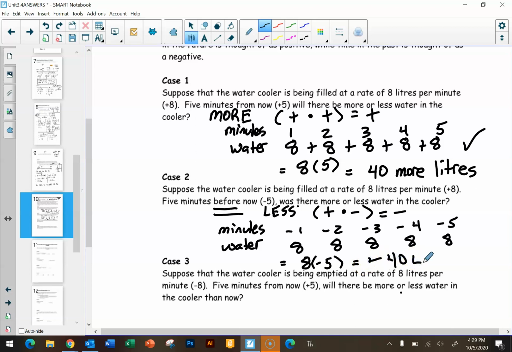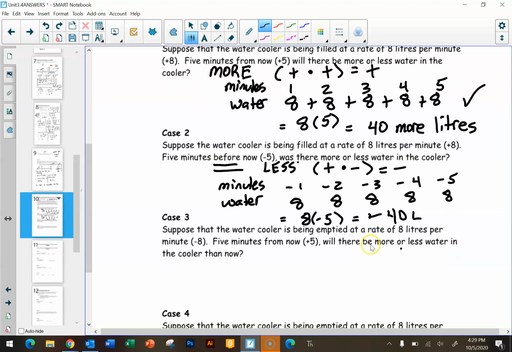So 5 minutes ago, there was less water in the cooler. How much less? Negative 40. Well, 40 liters less. So the total answer is negative 40. So 5 minutes ago, there was 40 liters less water than there is at the present time.